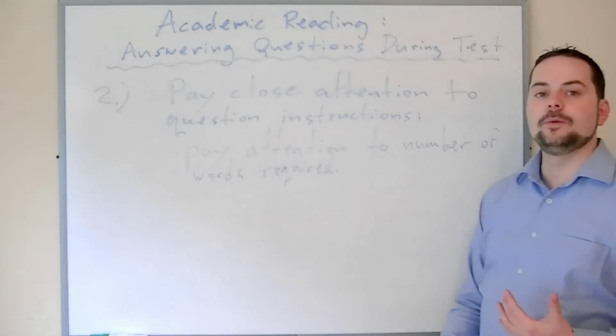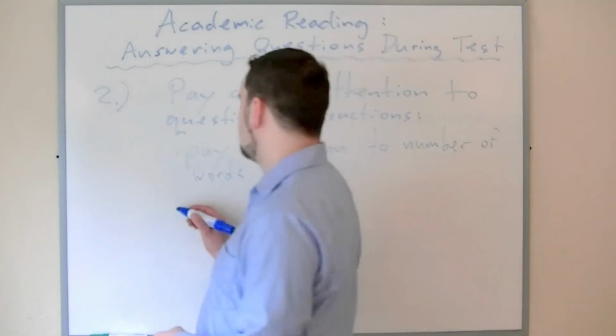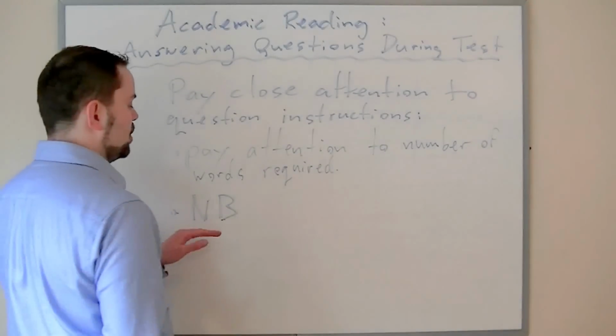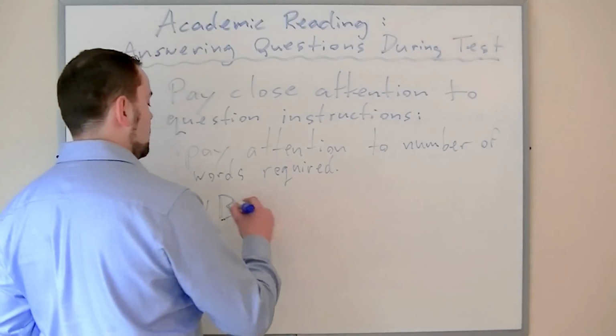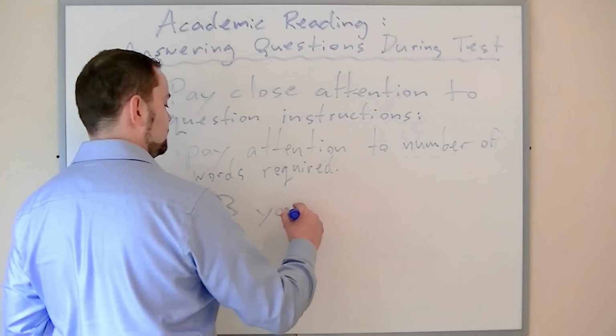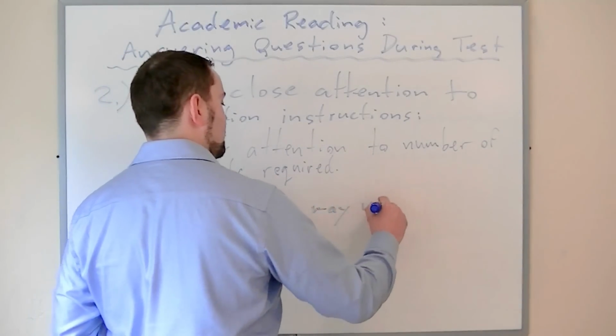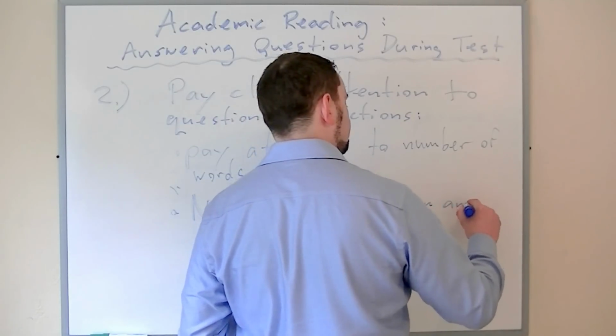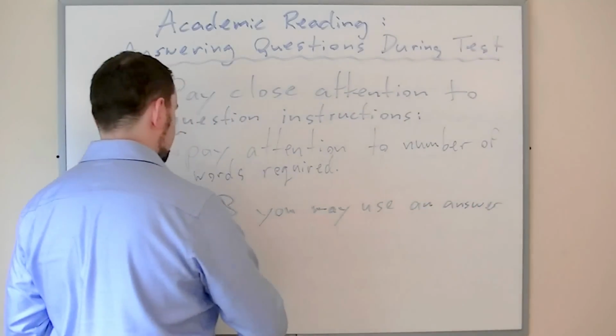Now, another thing that you want to pay close attention to is sometimes you will see this NB, which means note by the way. You may use an answer more than once.